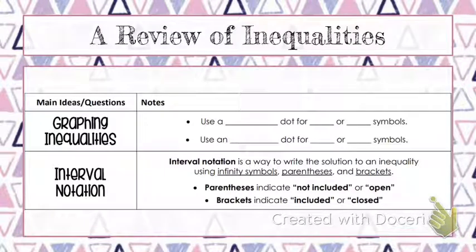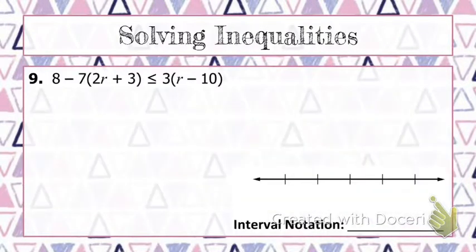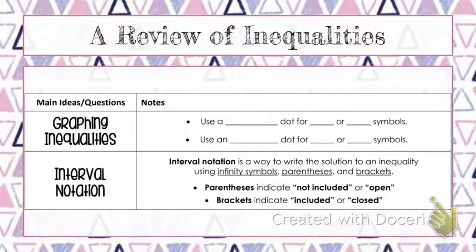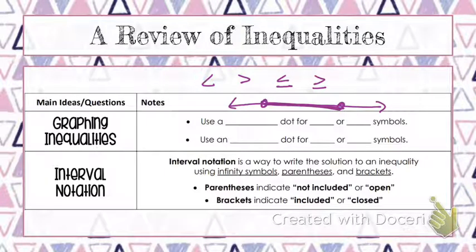First of all, inequalities are less than, greater than, less than or equal to, and greater than or equal to. Whenever we graph them on our number line, we use dots and shading to graph them.